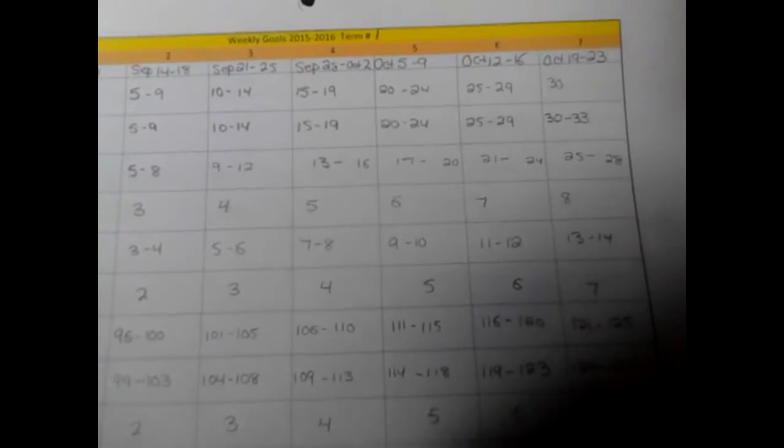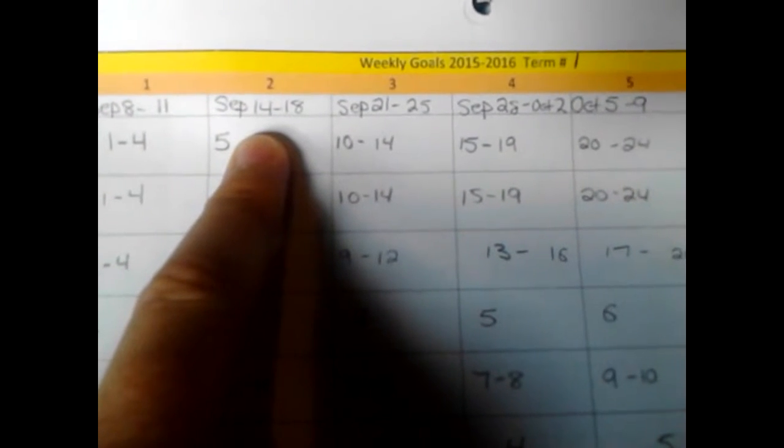So all I did now I have this listed out. Since this is term 1, we know there's 7 weeks, so 1 through 7, and then I put the dates in. So September 8th through the 11th is week 1. The 14th through the 18th is week 2. And so on. So I have all the dates, and then using my planning sheet, I know normally I would do English 5 times a week.